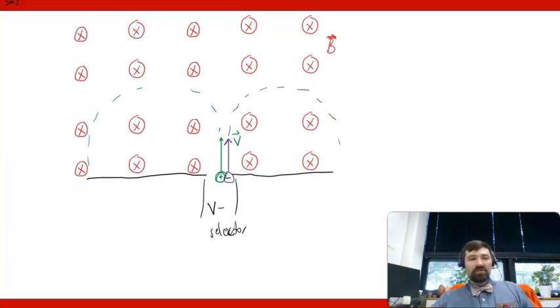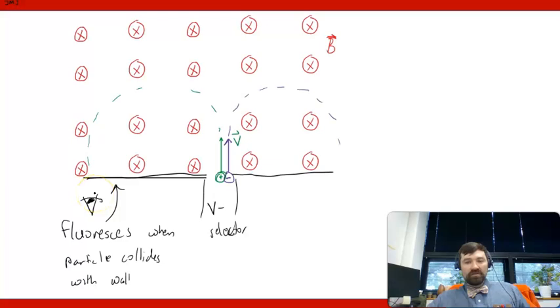Now, usually what happens to make this work out is that we have a detector array somewhere. For example, it could be along this wall right here. Maybe this wall fluoresces when particles crash into it.